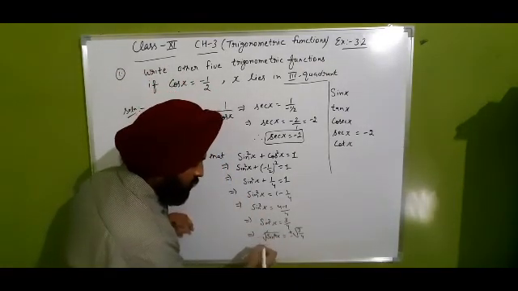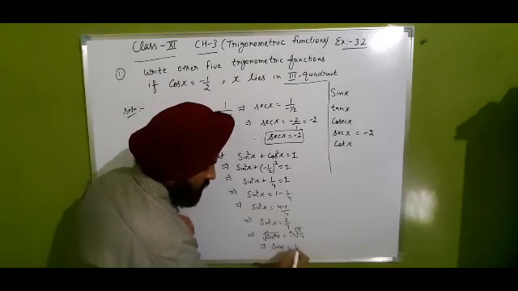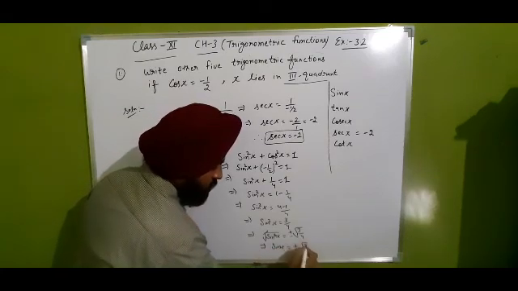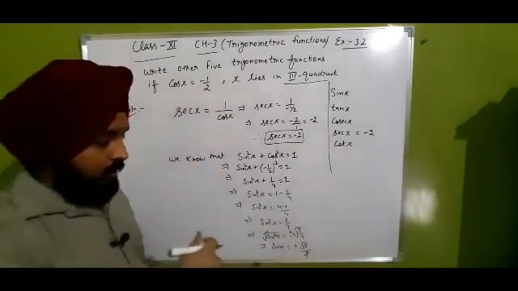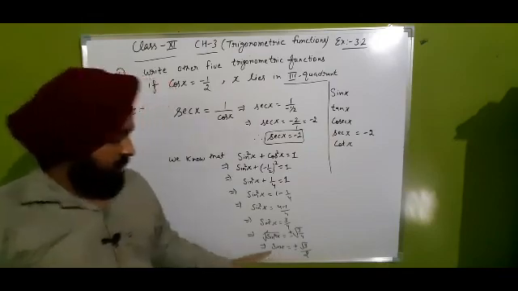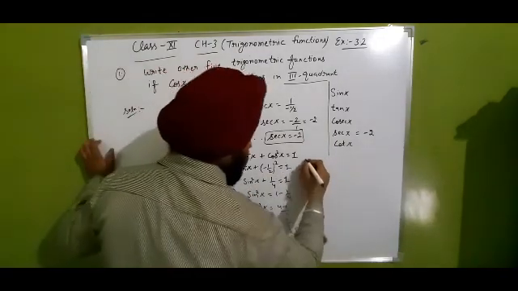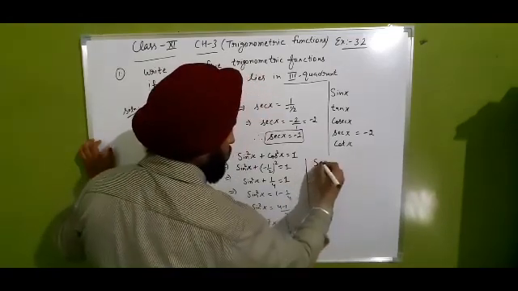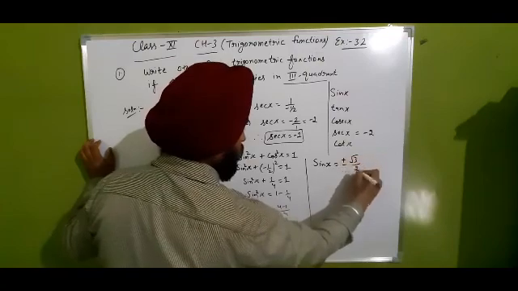It implies sin x is equal to plus minus square root 3 upon 2, because square root 4 gives you two values. Clear? So remember, sin x is equal to plus minus square root 3 over 2.